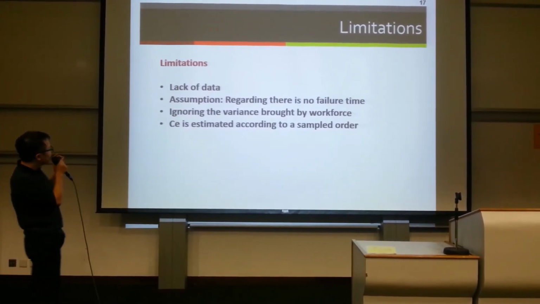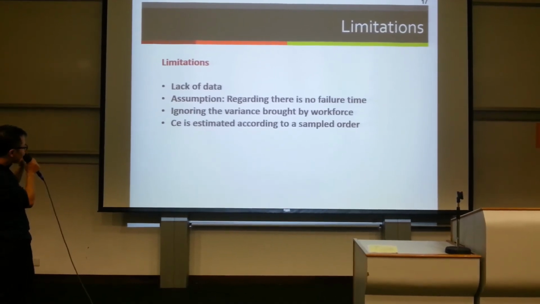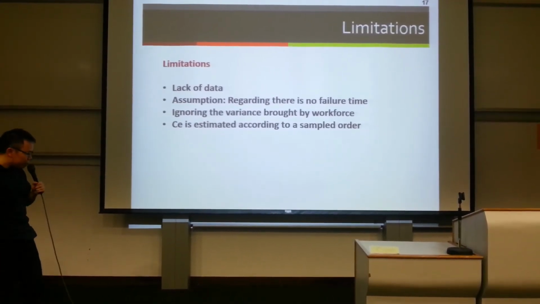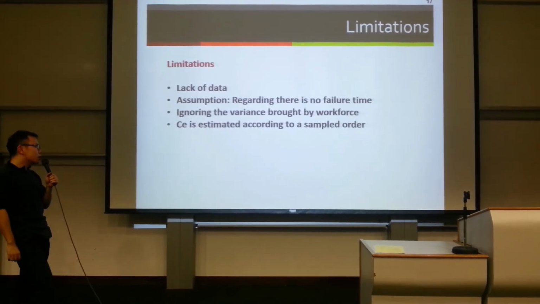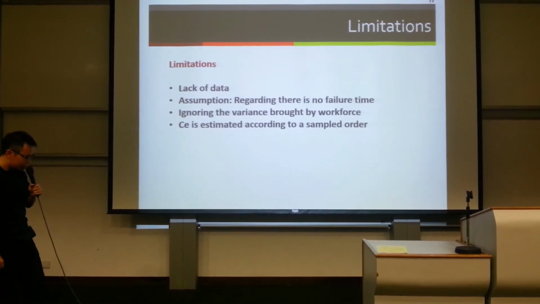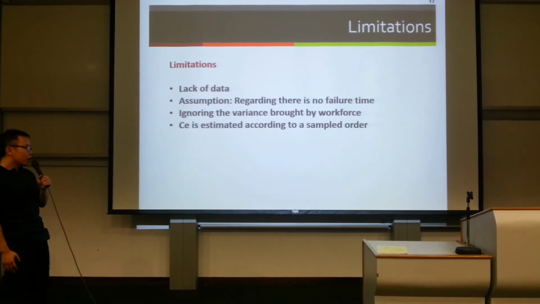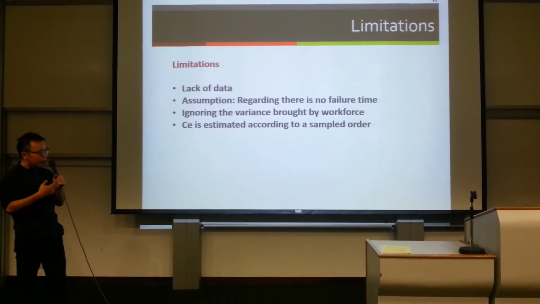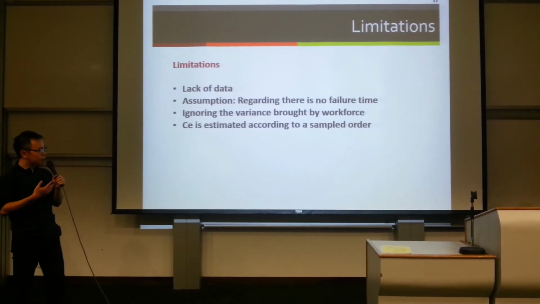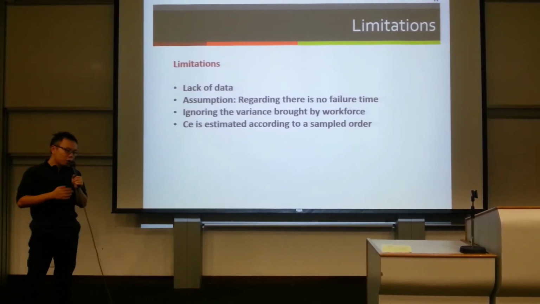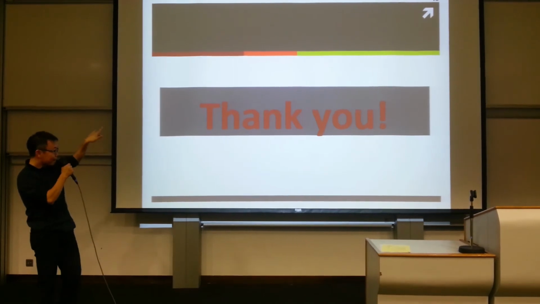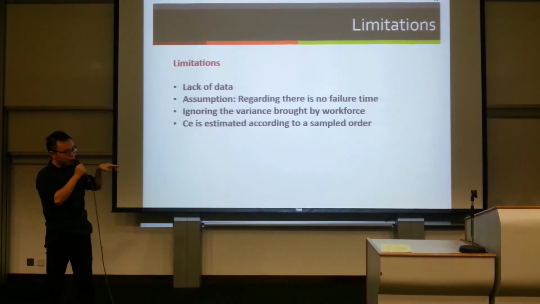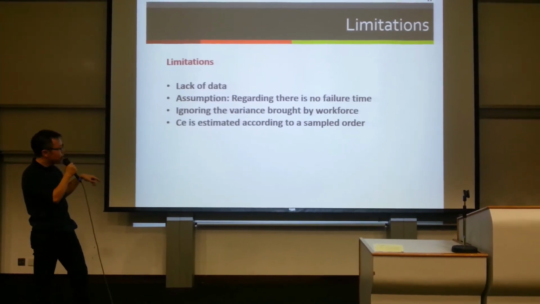The second limitation is assumptions. Basically, we assume that there is low failure time of our workers and the machines. But in the real world, people and machines will sometimes fail due to a lot of factors.